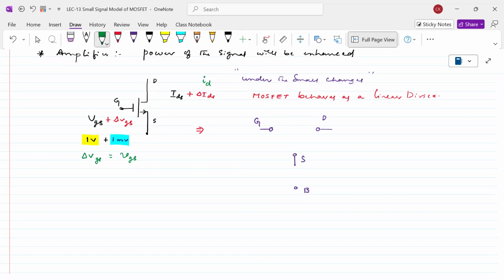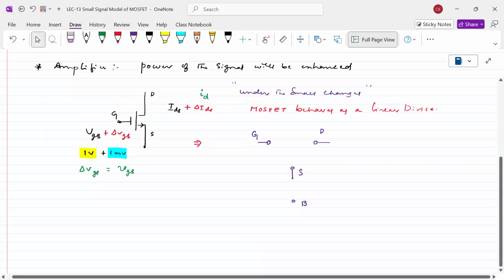The small id is incremental, or a change. So the incremental value of VGS is small vgs, the incremental ID is small ids, and the small change in the IDS is a function of these.